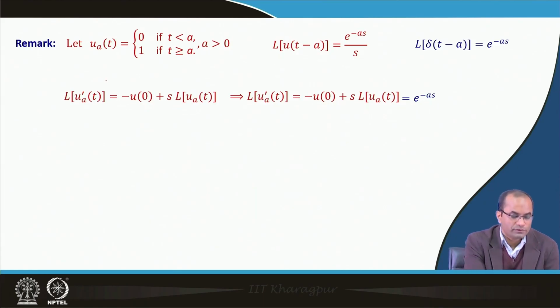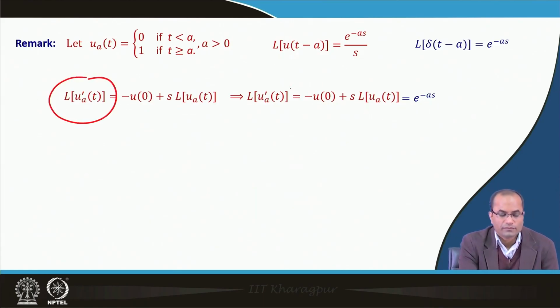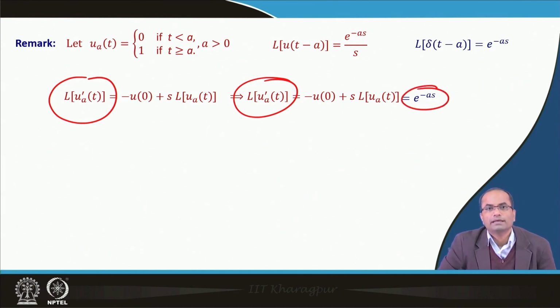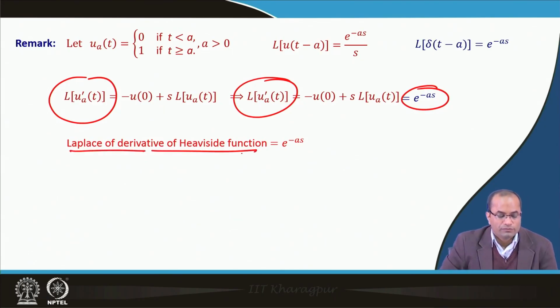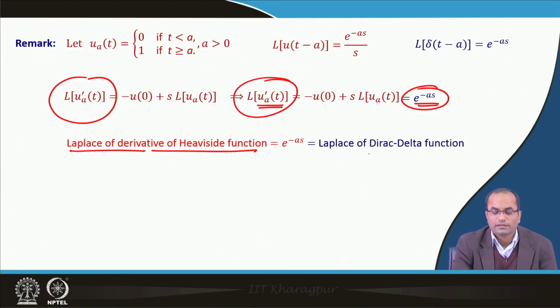So what we observe is that the Laplace of the derivative of this Heaviside function is e power minus a s, which is the Laplace transform of the Dirac delta function.